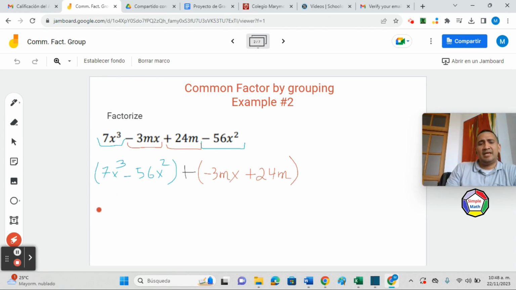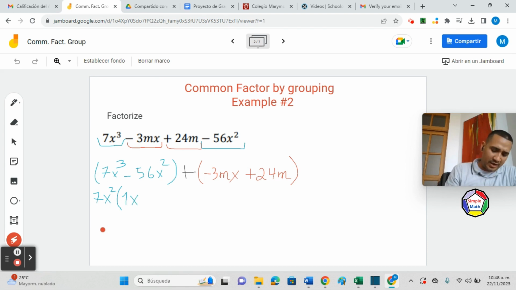What is the common factor in the first parenthesis? The common factor between 7 and 56 is 7. What happened with x exponent 3 and x exponent 2? The x with the lowest exponent is x exponent 2. I open a parenthesis and I start doing the division. 7 divided by 7 is 1. X exponent 3 and x exponent 2, we subtract the exponents, so it's x exponent 1.